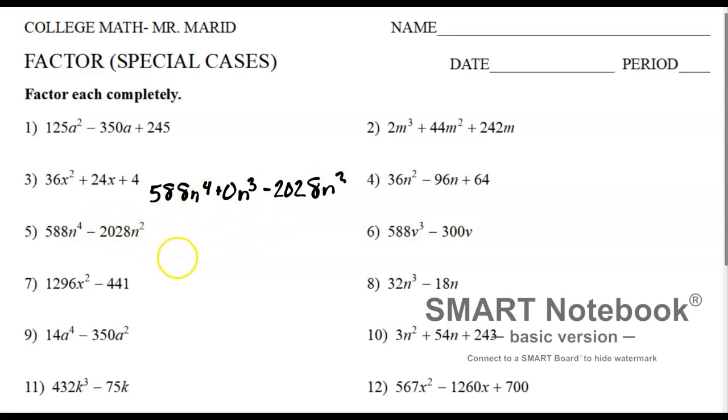Now we go about taking out the greatest common factor first. This one again would take some time, but it's 12n squared. And we're left with 49n squared. We're still going to have plus 0n.